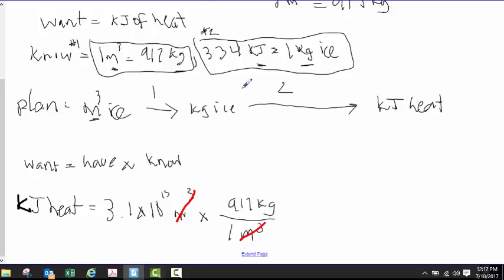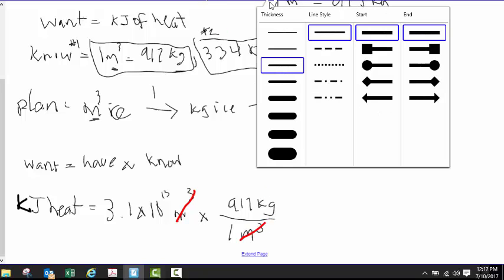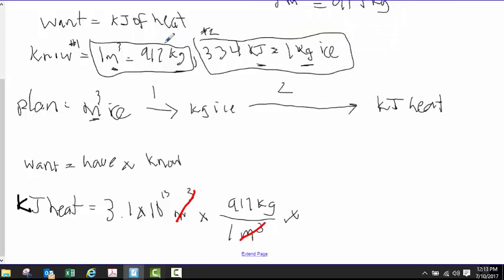Okay, now I'm in kilograms. So I have done the first step of my conversion. And then the next step, I'm going to go from kilograms to kilojoules. So I've identified that I need to use the second conversion factor that links those two units together. And again, I'm going to put it into my calculation, remembering that I'm trying to cancel out kilograms.